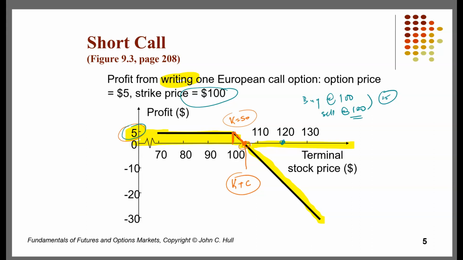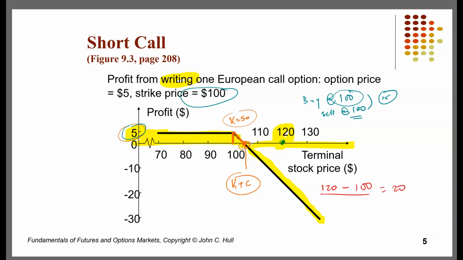How about the short call? Well, the short call loses, right? Because the short call essentially would have to sell at $100 where they could be selling in the market for 120. The short call could have sold for 120, but because the long call exercised the option, they have to sell for 100, which means that they're essentially losing $20.